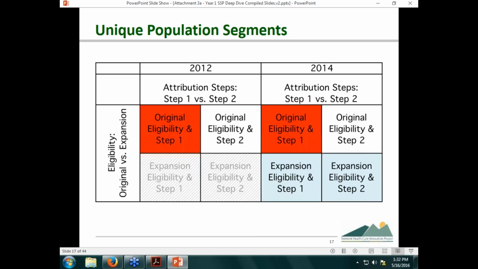As you can see, in 2012, only 2 of those groups really apply because we don't have any groups who were considered expansion eligibility. But then in 2014, we have 2 new groups, so it makes it difficult to really compare their experience to anything in the past, but we can compare them to reasonably comparable groups in the original eligibility category.